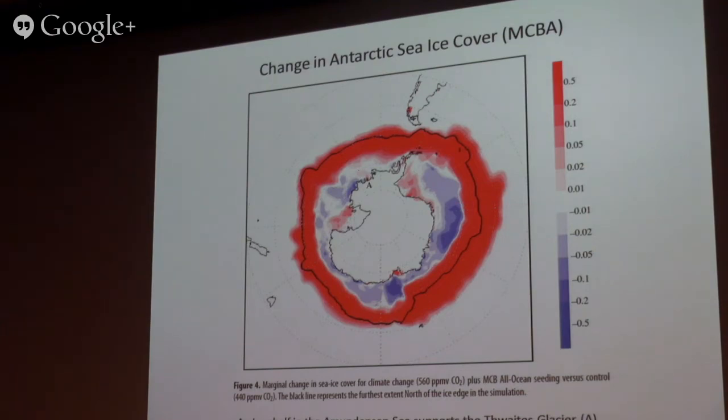What was interesting about it is that you get this ring where you get a great deal of cooling. At the same time we were looking at this, the results had just come out on the West Antarctic ice sheet. You can see this diagram A up at the top.